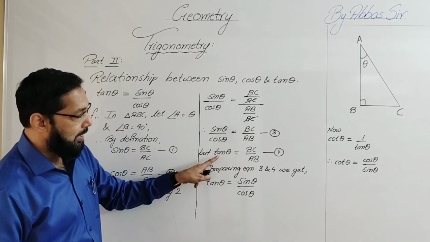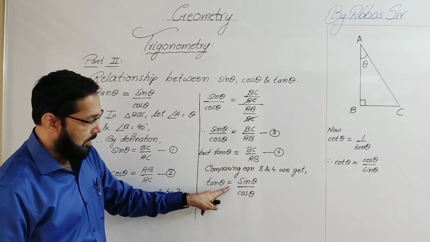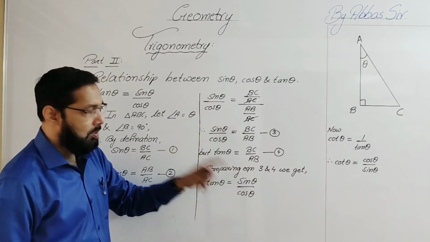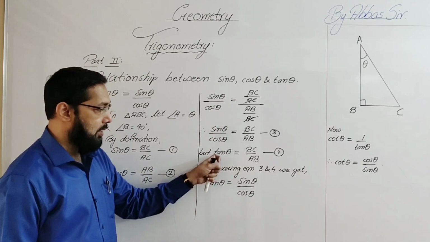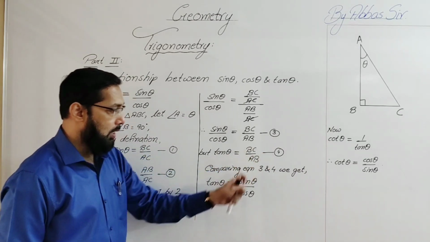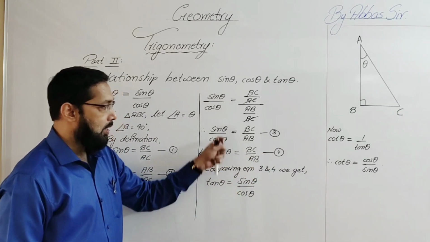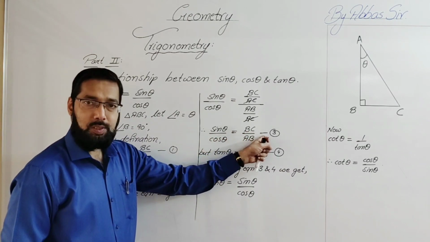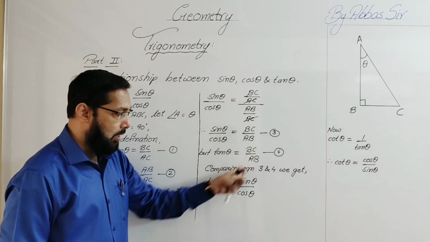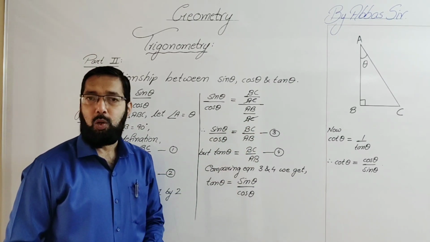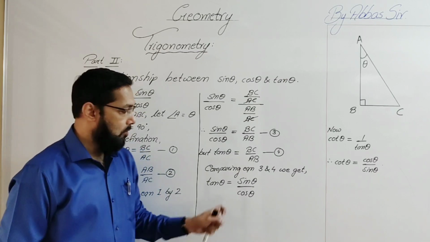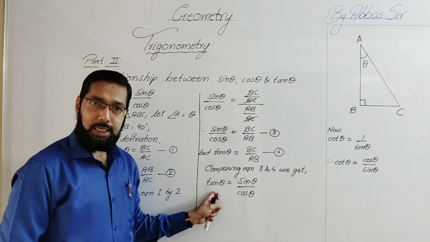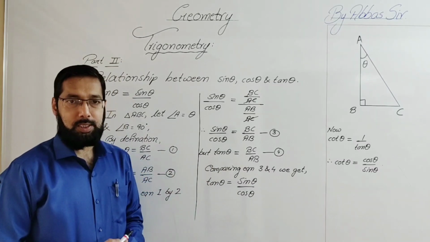Therefore, we get tan theta is equal to sin theta upon cos theta. Tan theta is the left hand side of equation 4 and sin theta upon cos theta is the left hand side of equation 3. Since the RHS were equal, their LHS are also equal. In this way, we have proved the identity tan theta is equal to sin theta upon cos theta.